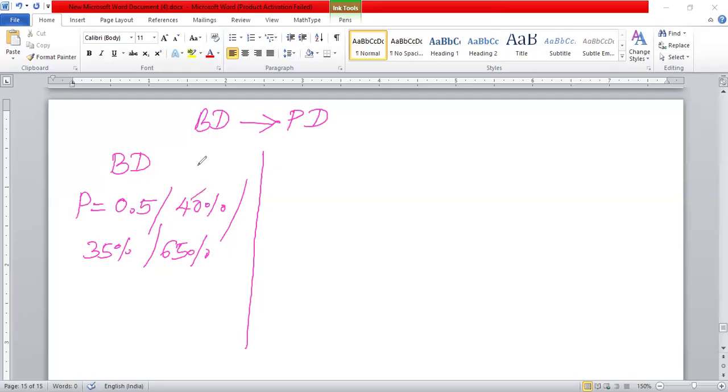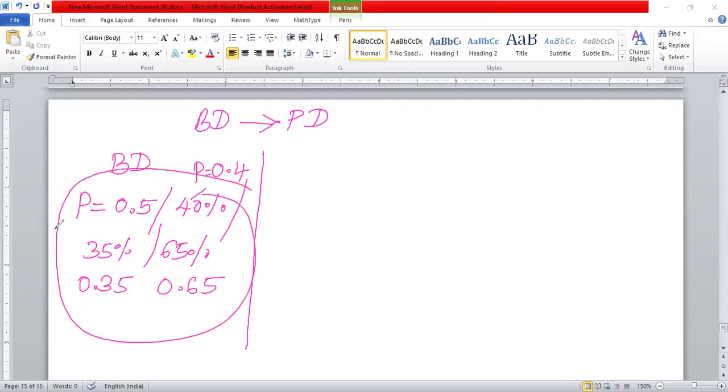So all answers for p, after the decimal point there is no zero, so 0.4, 0.35, and 0.65. Correct? So this is one hint, very easy to identify. I'm talking only about binomial. Coming to binomial distribution tends to Poisson, it is very easy to identify in the examination hall.